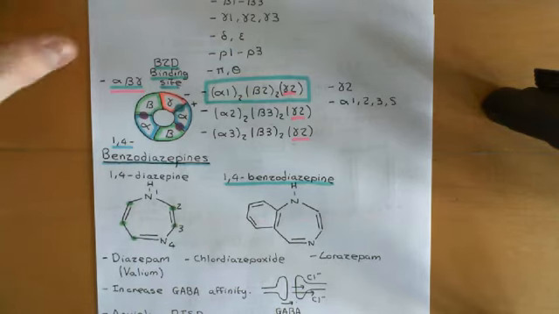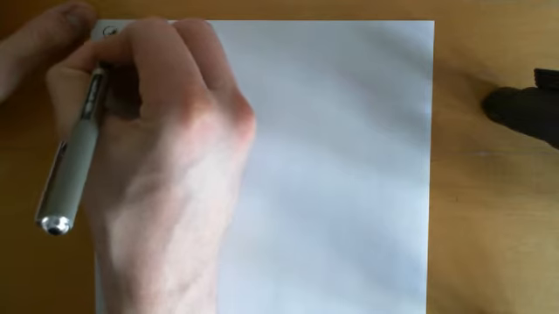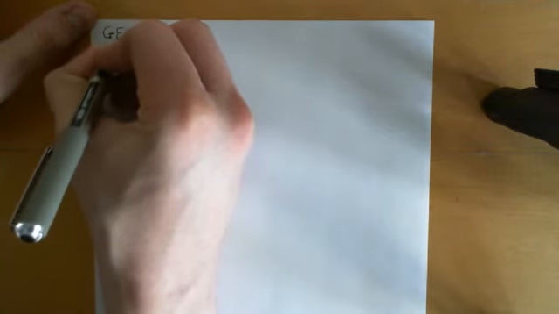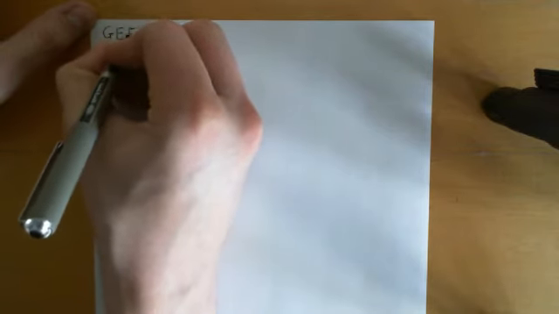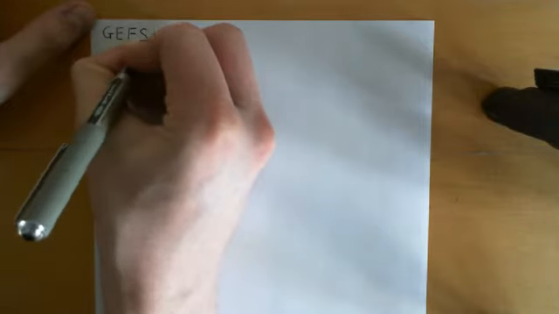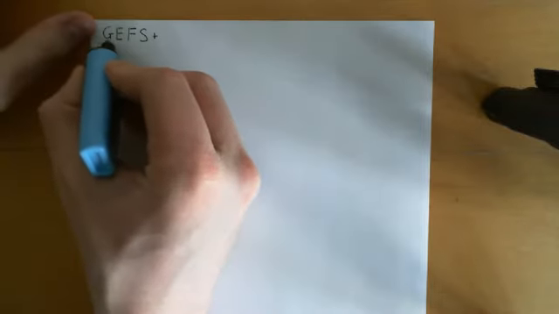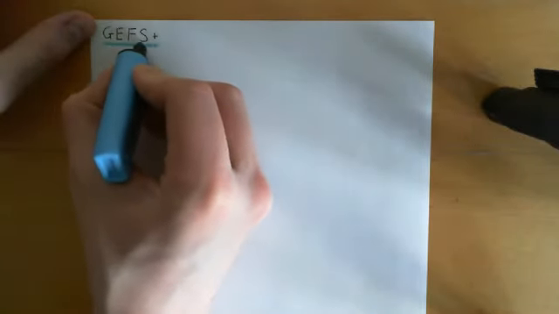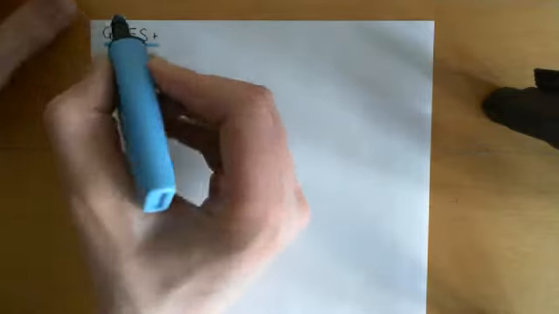Now what I want to discuss is this form of heritable epilepsy, which is generalized epilepsy with febrile seizures plus. I previously missed out the plus there. GEFS plus is its abbreviation, and it can be caused by many other things besides mutations in the GABA A receptor gamma 2 subunit.